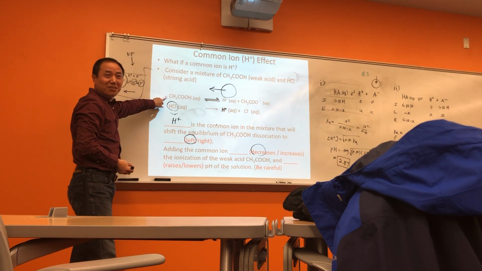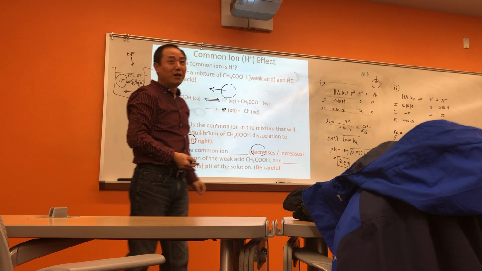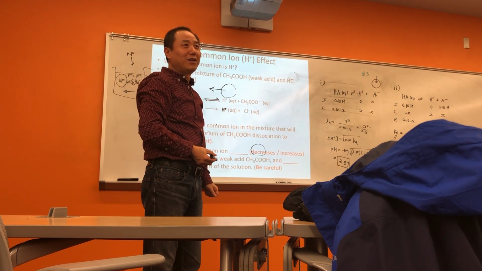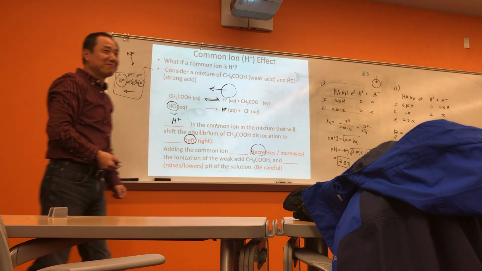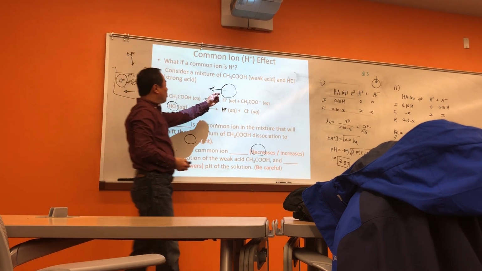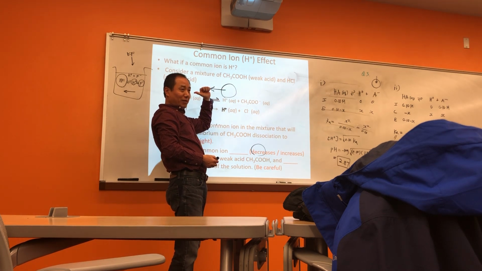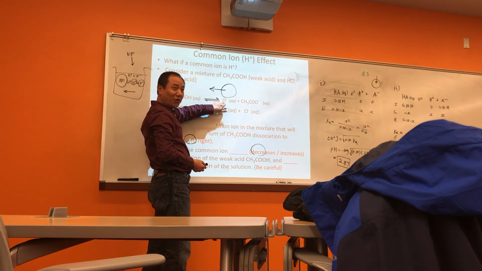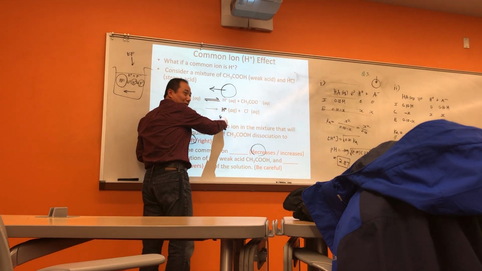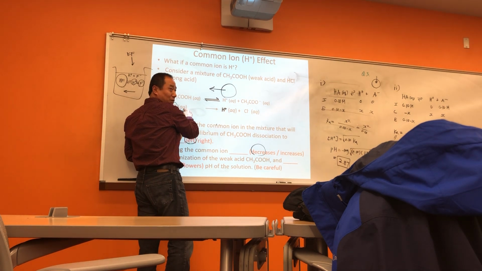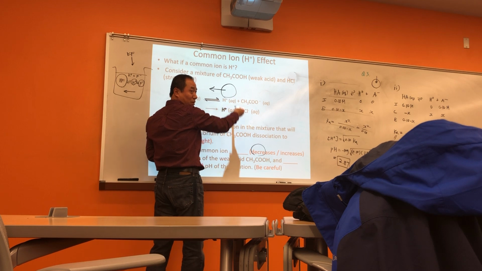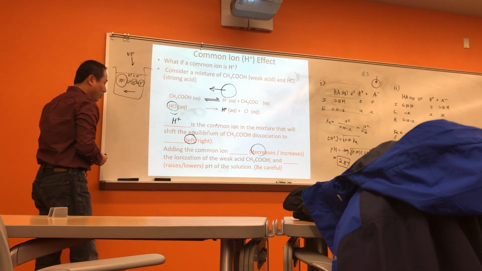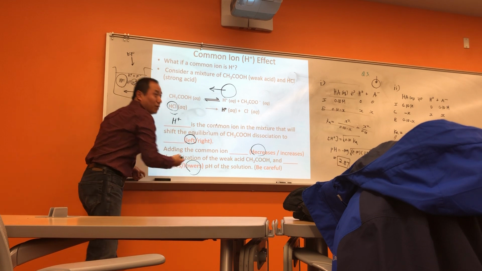Why is that? pH up, acidity down. It is shifting to the back side, so it decreases the original hydrogen concentration. But we actually added this guy through here. So overall, it actually increased the hydrogen concentration, which means it lowers pH. Okay?